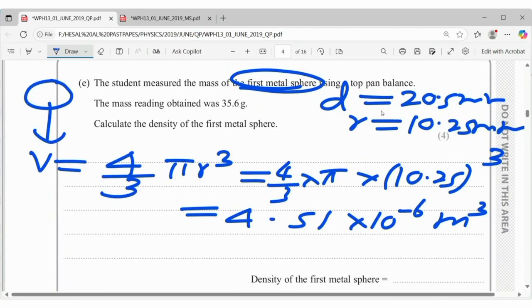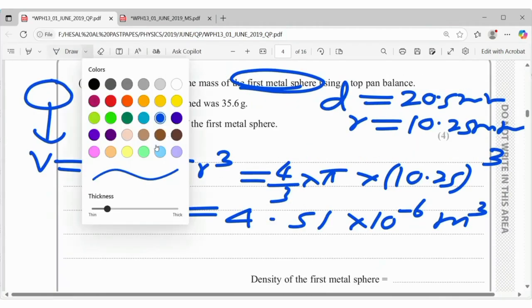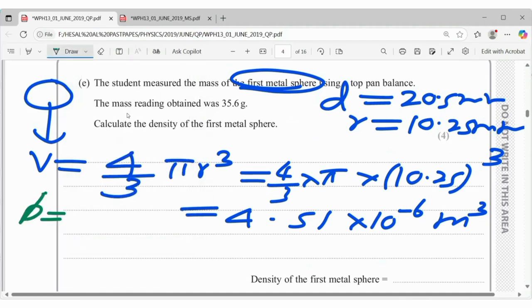So to find the density, density equals mass divided by volume. Here the mass is given in grams. We have to convert it to the SI unit, kilograms.